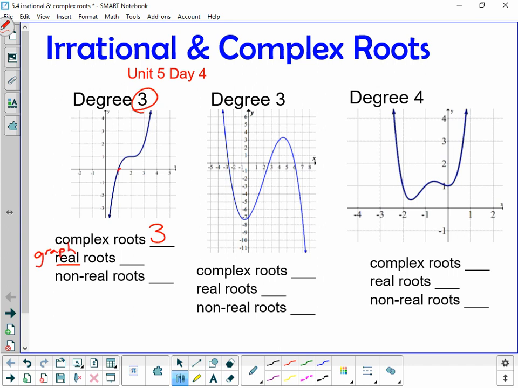And this graph, we can see that the function has one real root, and it happens to be at the value 1, but it has one real root. That means that since it's degree 3 and only one of the roots is real, this one must have 2 non-real roots. That's what we're going to do today, is find those non-real roots.